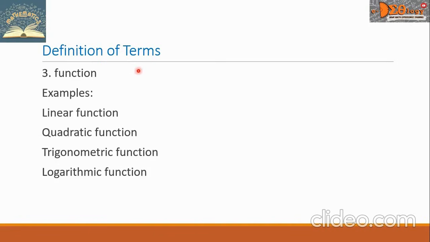I hope you still remember we have linear function, quadratic function, trigonometric function, logarithmic function, and all the other functions that we studied. The function is symbolized by f of x. Sometimes we have g of x or h of x.